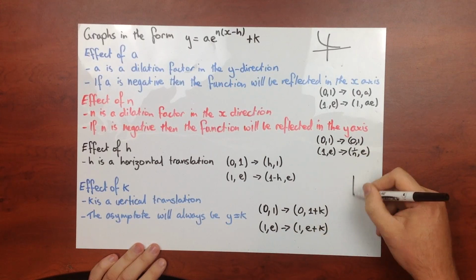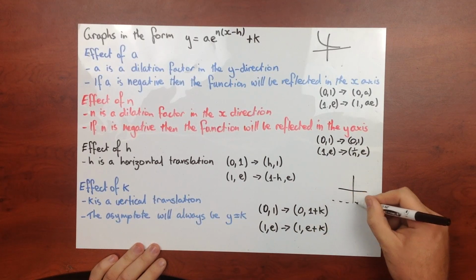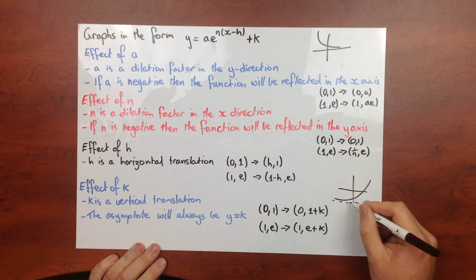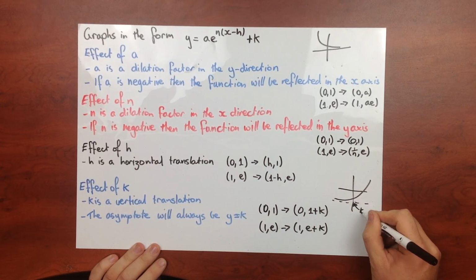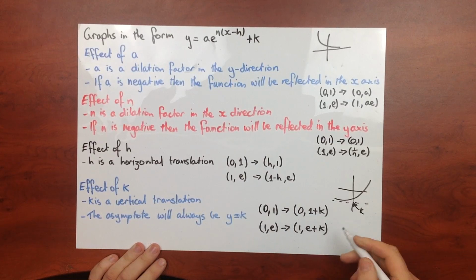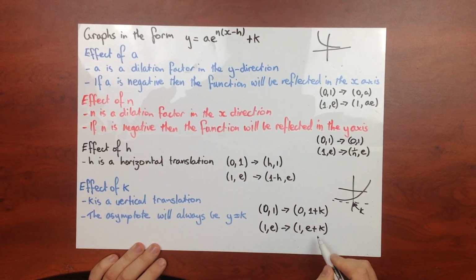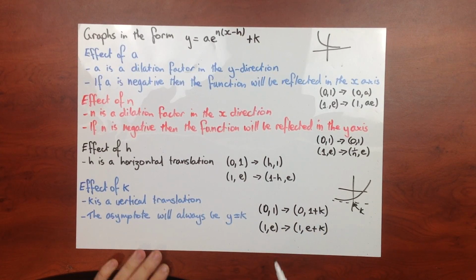If we move it down by k units, our points just become adding k onto these y values here. So we'll have a look at sketching one of these.